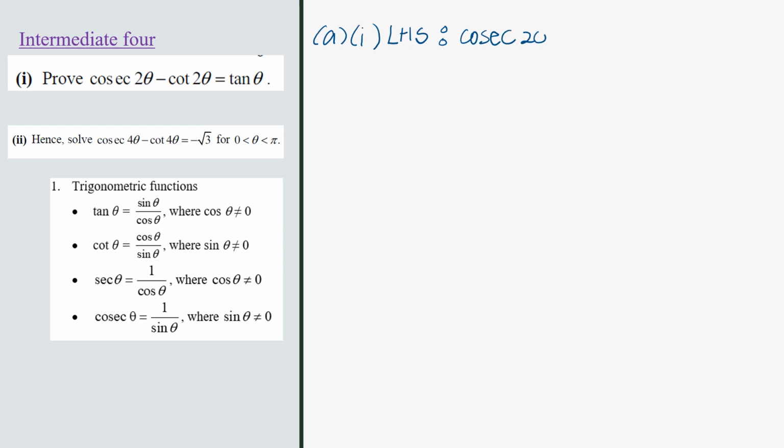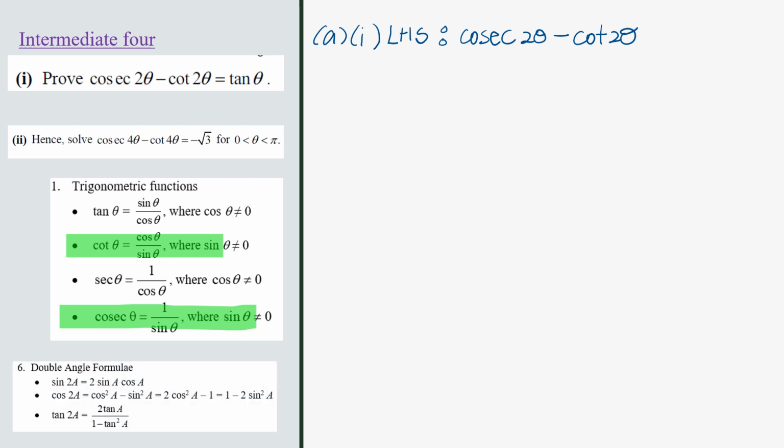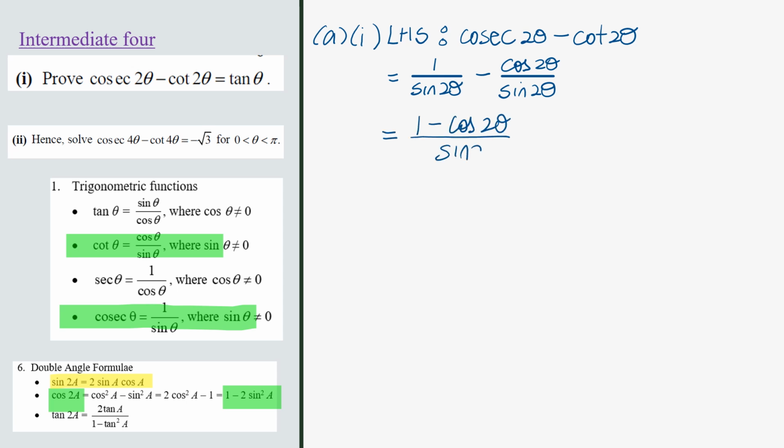Let's see what happened. Then we are going to combine both of them into 1 minus cos 2 theta over sine 2 theta, because they have the same denominator.